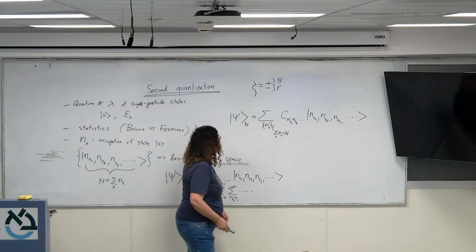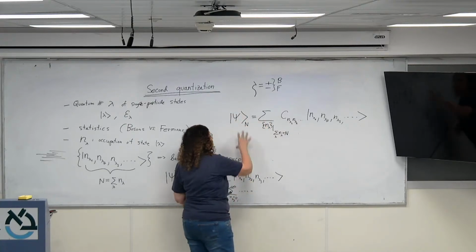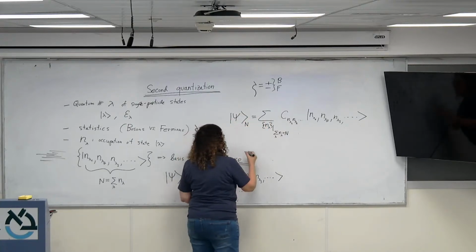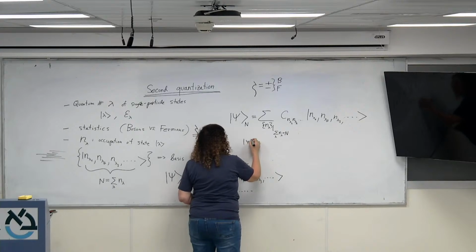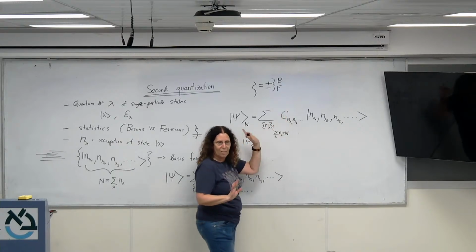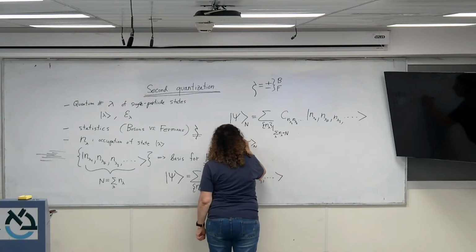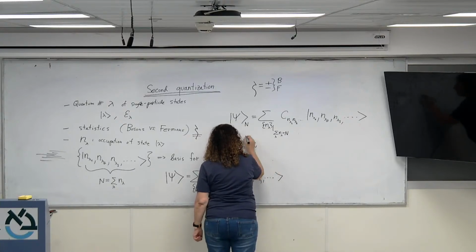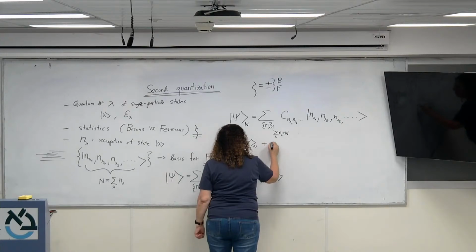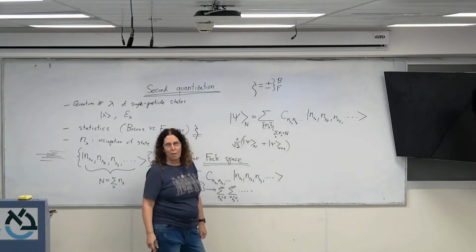But if you take, for example, let's look at psi n. And by the way, the coefficients always have to be normalized, as usual. So let me write down an example. Okay, I'm allowed to write something like this.